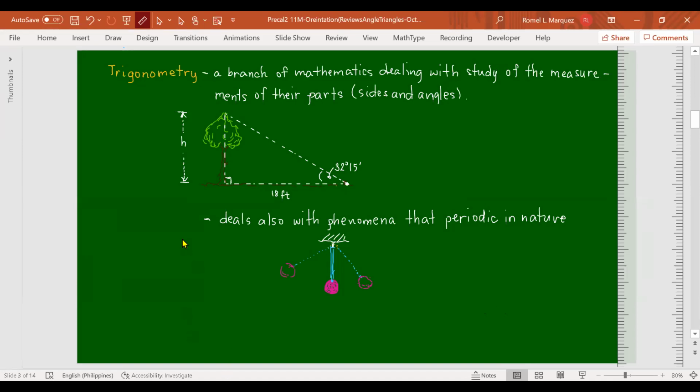So again, with trigonometry you can study triangles together with the measurements of their parts. And also we can apply trigonometry to those situations or events where you can see a repetitive pattern or periodic behavior.